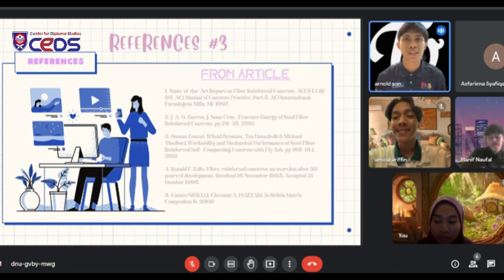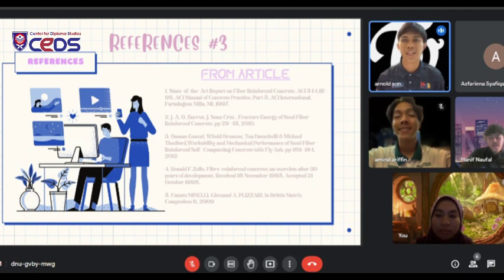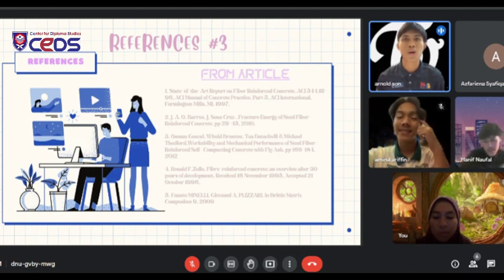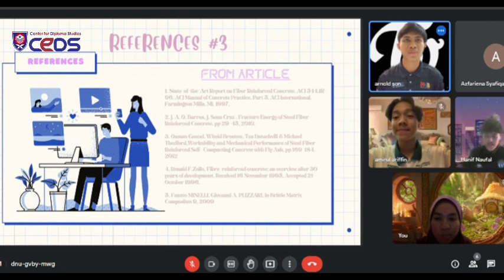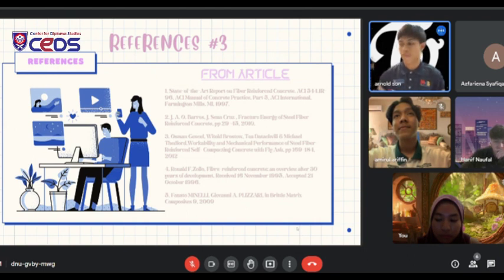And number 4 of the reference is from Ronald F. Zollo, Fiber Reinforced Concrete, an overview after 30 years of development, received 16 November 1995, accepted 21 October 1996. And the last reference is from Fausto Minelli, Giovanni Plizzari, in Brittle Matrix Composites 9, 2009.